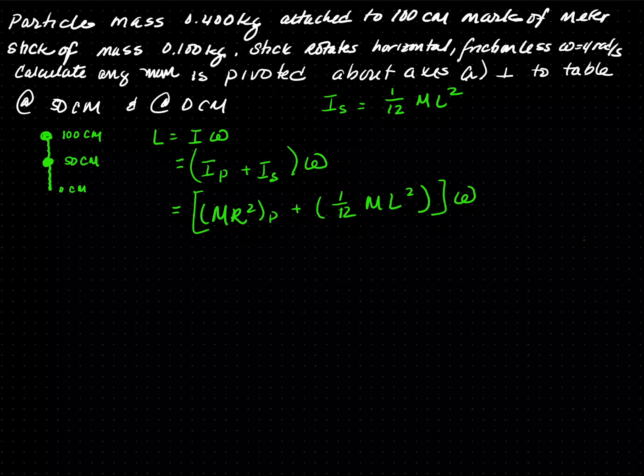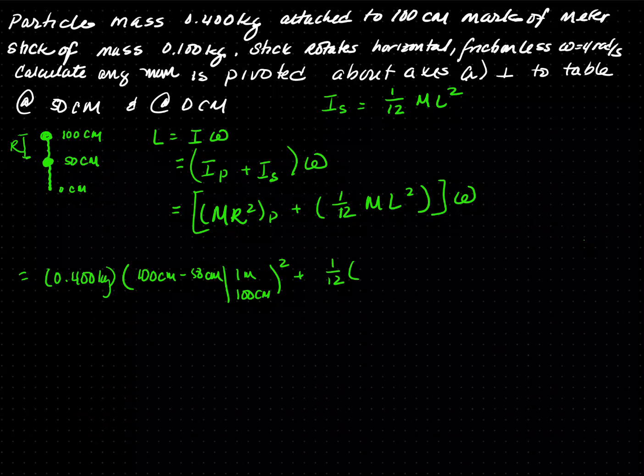Plugging numbers in, the point mass is 0.400 kilograms. The radius is from the pivot point, which is at 50, so this is my R. So it's going to be 100 centimeters minus 50 centimeters. We need to convert that into meters. And then after that, we have to square it. Plus 1/12. The mass of the meter stick is 0.100 kilogram.